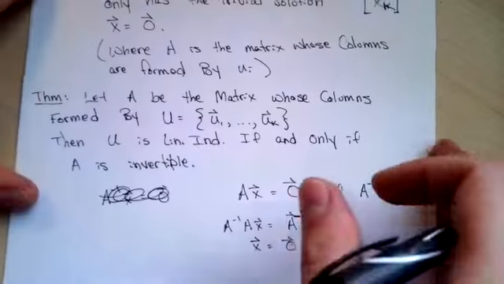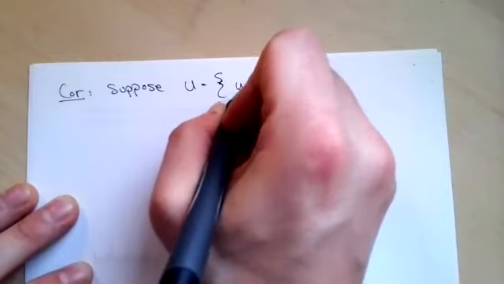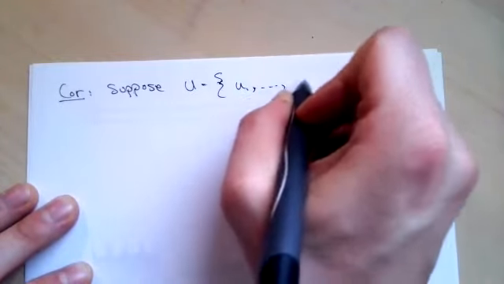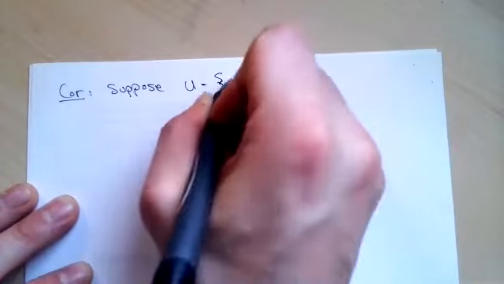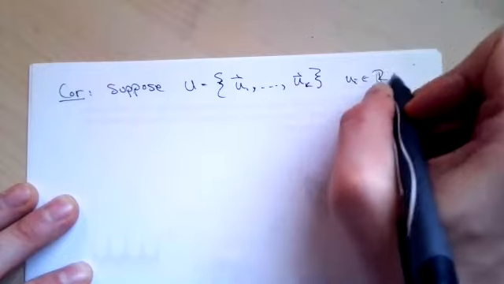Let's write down one or maybe two more theorems, a corollary. So suppose U is our collection of vectors, where each of the vectors is n-dimensional.